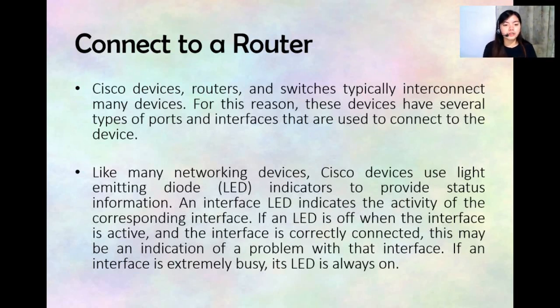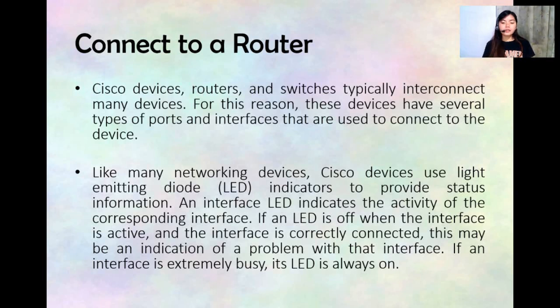Connect to a router. Cisco devices, routers, and switches typically interconnect many devices. For this reason, these devices have several types of ports and interfaces that are used to connect to the device. Like many networking devices, Cisco devices use light emitting diode or LED indicators to provide status information.